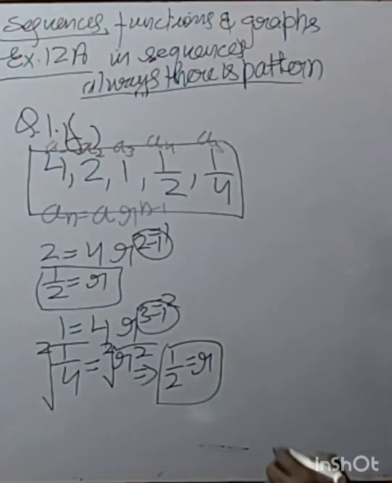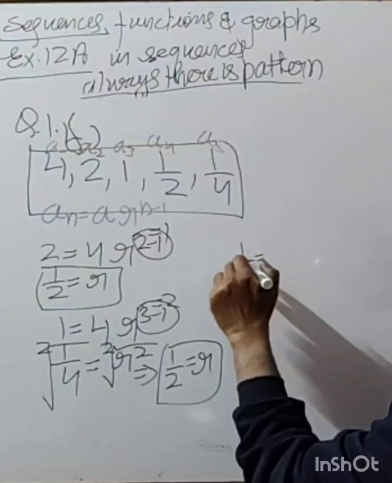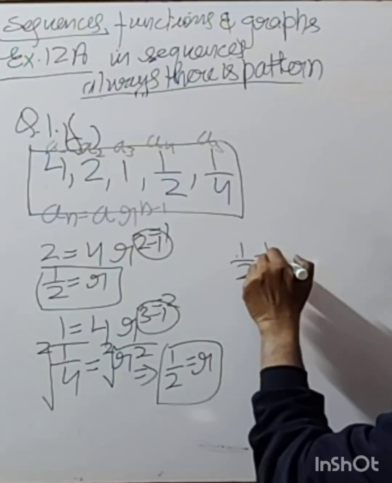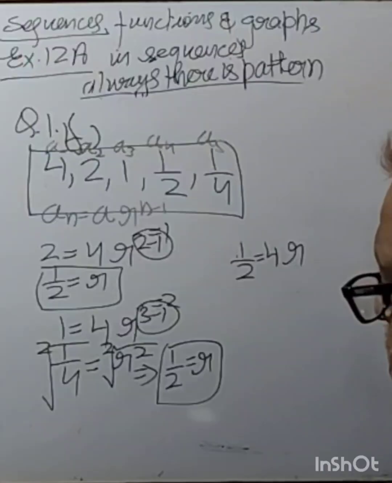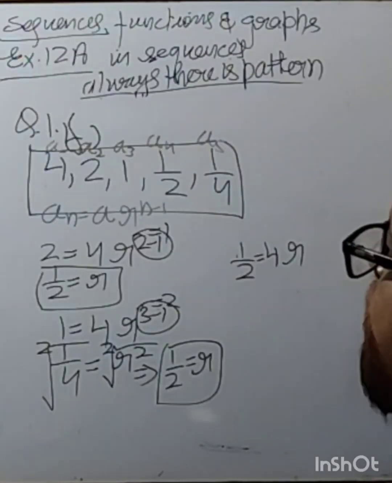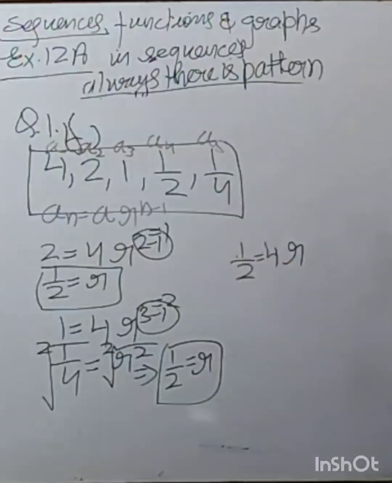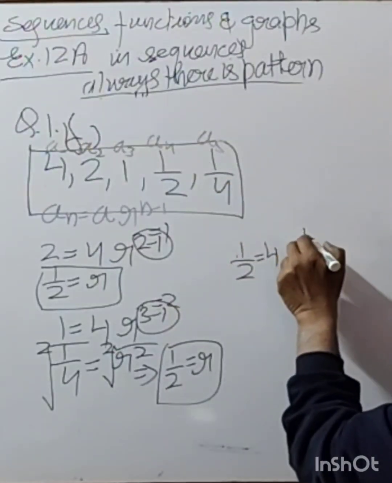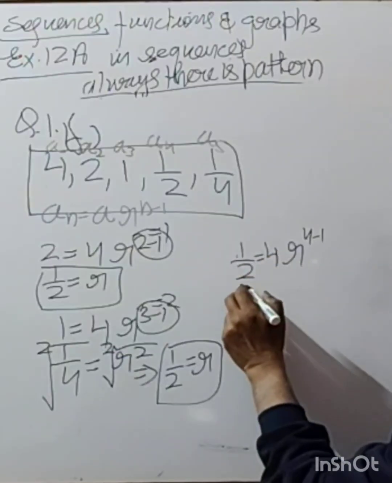If we take 1 by 2 is equal to 4 r raised to the power 4 minus 1. So now this 4 goes in the denominator.